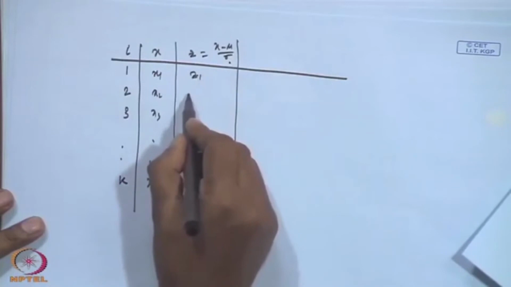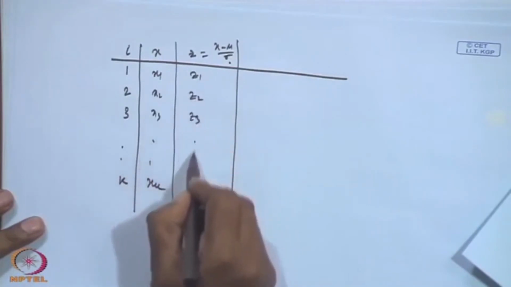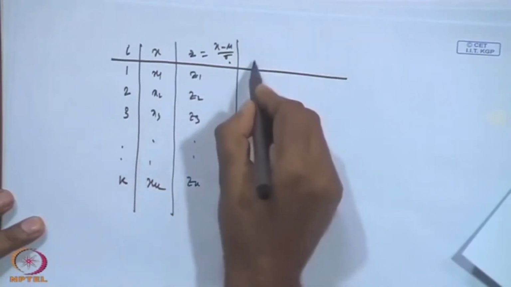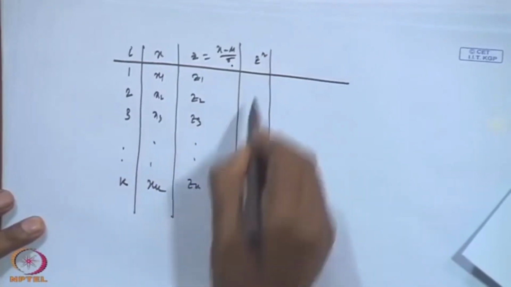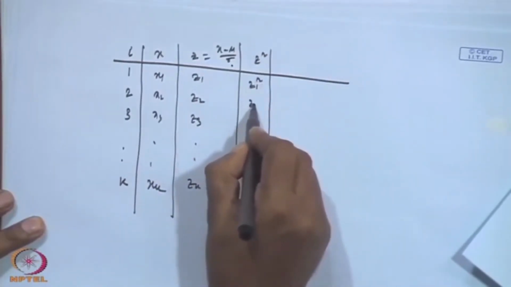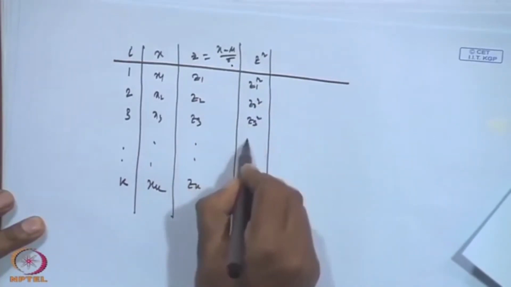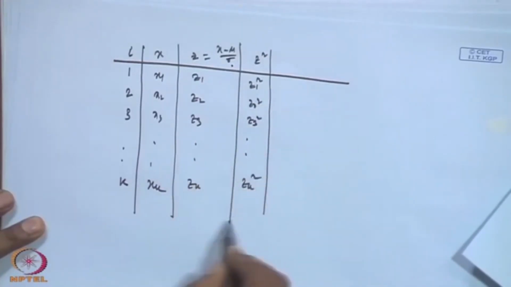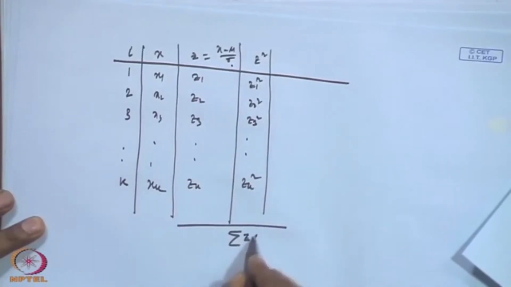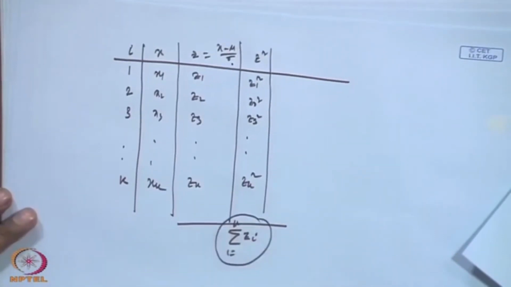Then you get z1, z2, z3, up to zk. Now you are making z1 square, z2 square, z3 square, up to zk square. Now, if you take the sum of zi square, i equal to 1 to k, you get a quantity.